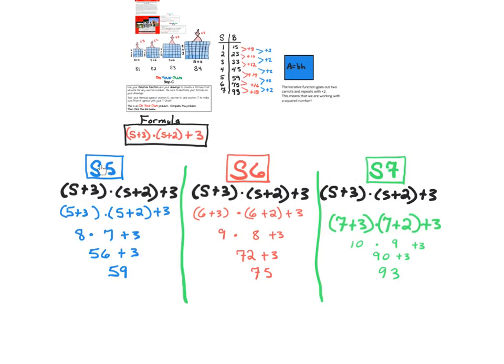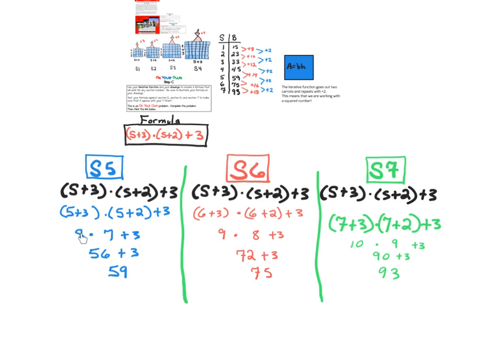Alrighty, my friends, and here we go. We've got section 5, section 6, and section 7. We wrote the exact same formula for each of these, which is the quantity of s plus 3 times the quantity of s plus 2 plus 3. And then we just plugged in the numbers. So in this case, I plugged in 5. 5 plus 3 times 5 plus 2 plus 3, right?